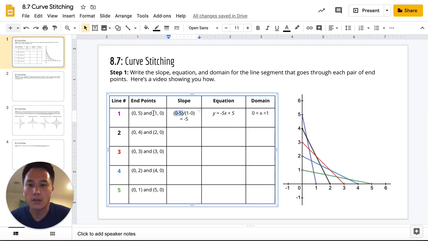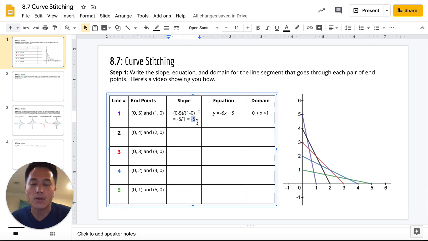The denominator is the change in x. x2 is 1, x1 is 0, so the change in x is 1 minus 0. So 0 minus 5 is negative 5, 1 minus 0 is 1, so the slope is negative 5 over 1, which I can simplify to just negative 5. I know the slope is negative 5.